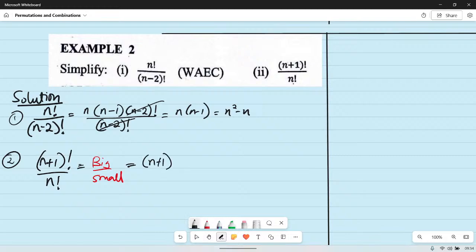Plus n plus 1. Very good. All over what?